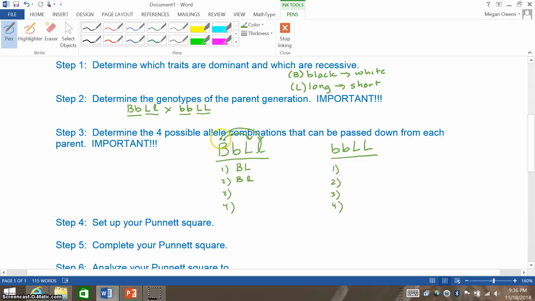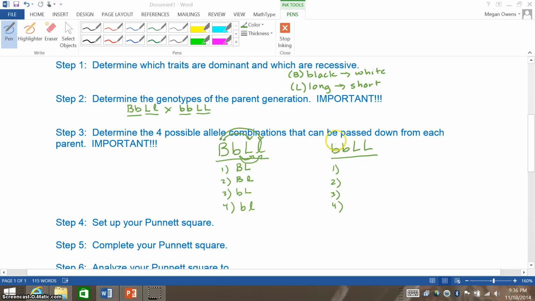I've now maxed out my combinations with the first allele for hair color, the big B. So then I move on to the little b, and my next combination would be little b, big L, and then finally little b, little l. Those are the 4 possible combinations.